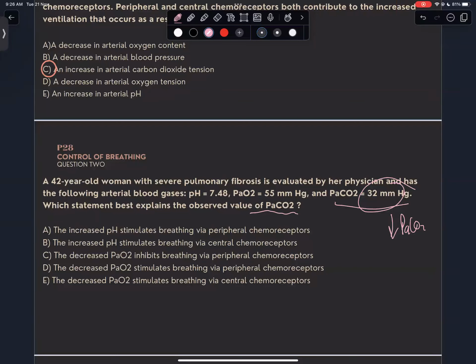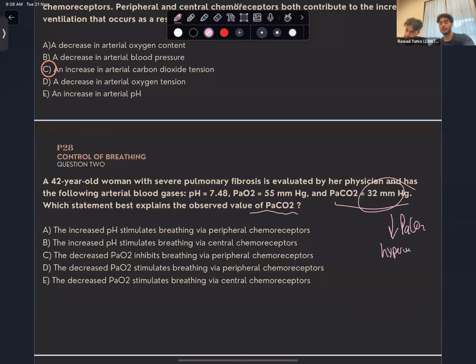So what will cause a decrease in PCO2? Not specifically from this lecture, I'm talking about all of pulmo. What will cause the increased or decreased PCO2? Increased ventilation. Right now you're working backwards.